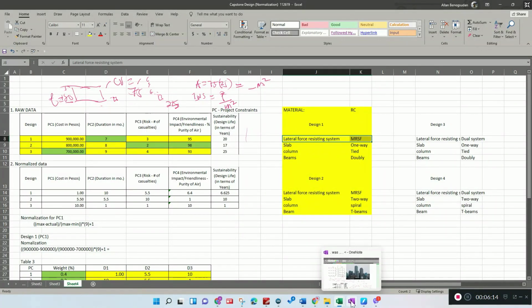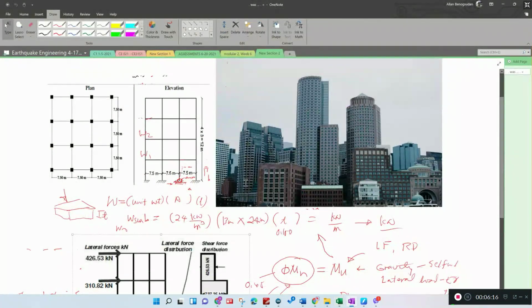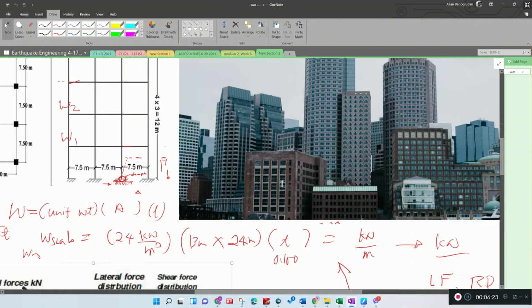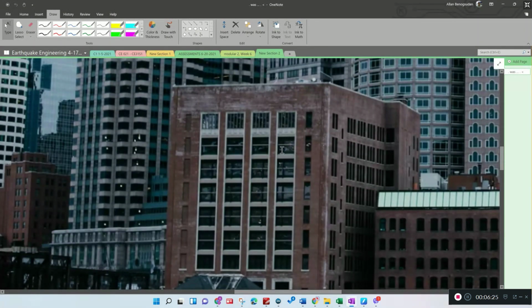Okay, it's just an example. Say for example, this one is your building. This one is three-dimensional. You have your framing here. You have your framing there. That framing also connects here. Now, if you're going to do the moment distribution method, I think to me it's alright.